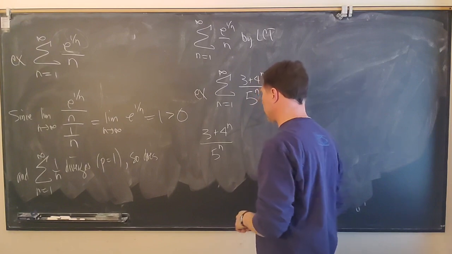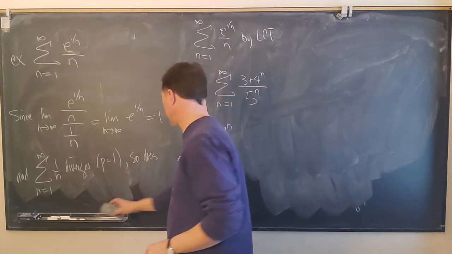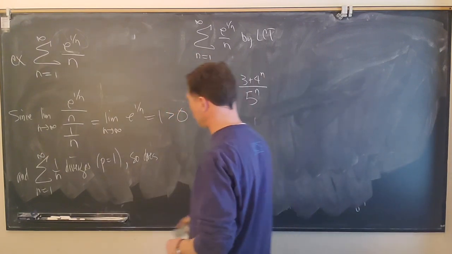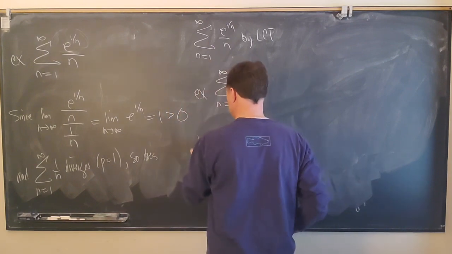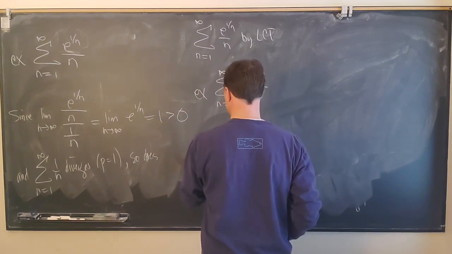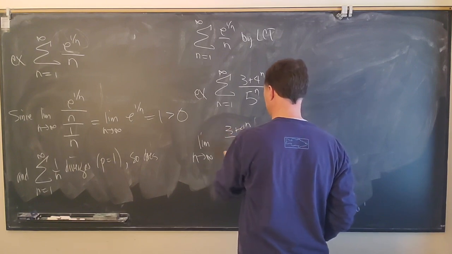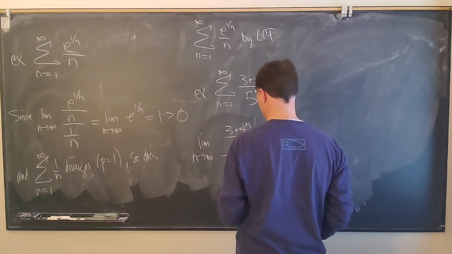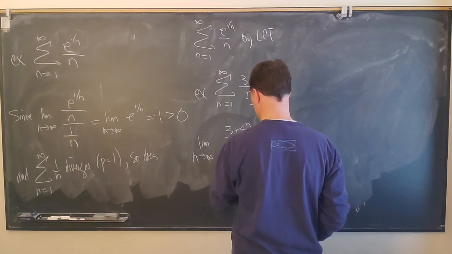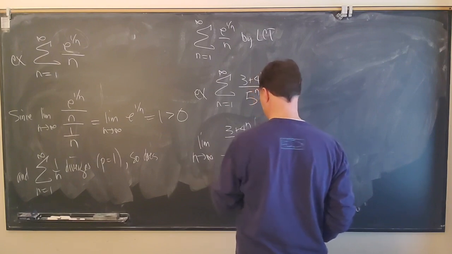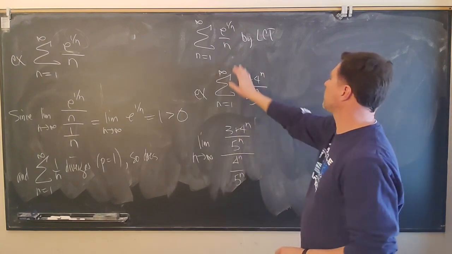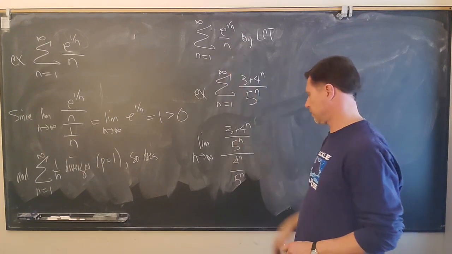Who do we want to compare this to? Oh, sorry, I need to set up my limit. So let's write it like this. Limit as n goes to infinity of 3 plus 4 to the n over 5 to the n divided by 4 to the n over 5 to the n. I want to focus on the dominating terms, which means get rid of that 3.